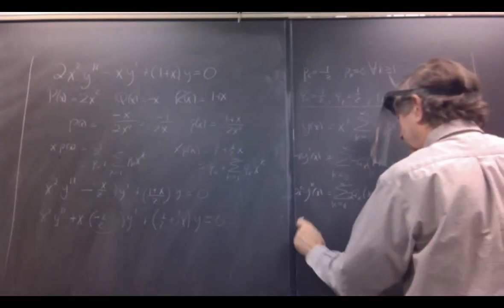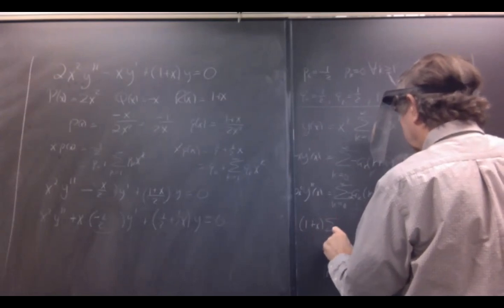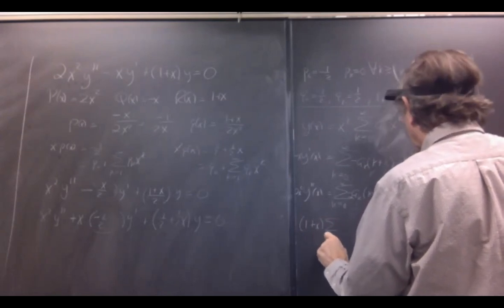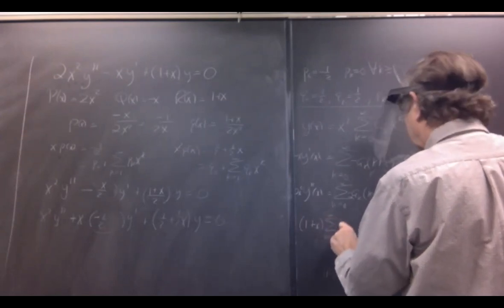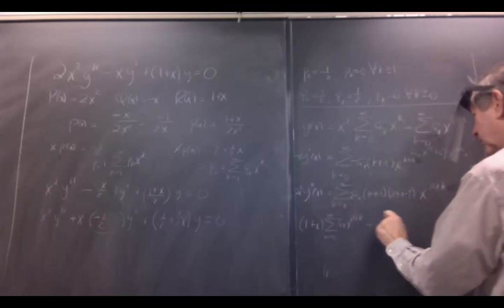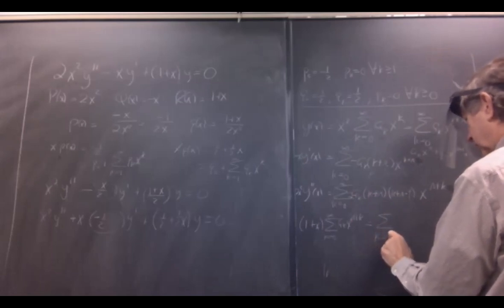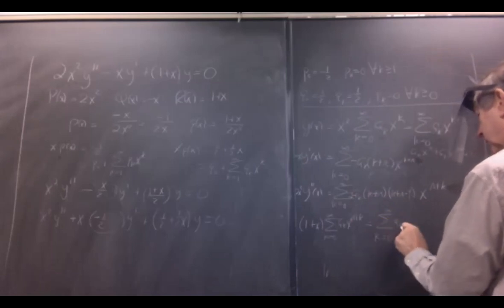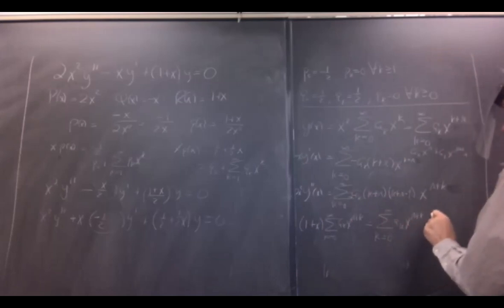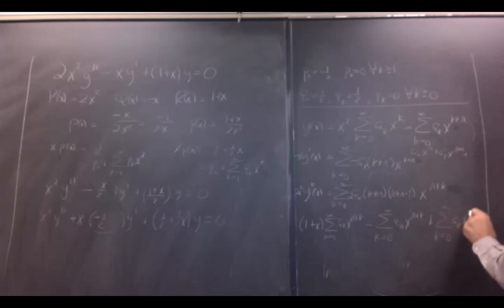So I got to write that down. 1 plus x times the series, k equals 0 to infinity, a sub k x to the r plus k. That's actually going to be two series, which I make into one series in a minute. That's going to be this repeated thing, 0 to infinity, x to the k, x to the r plus k power, plus sum from 0 to infinity, a sub k, x to the r plus k plus 1.